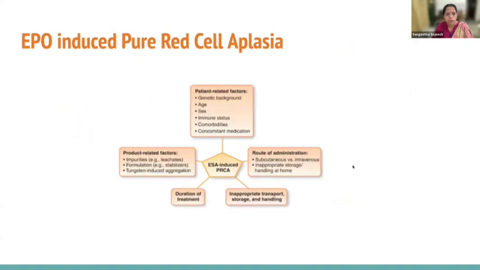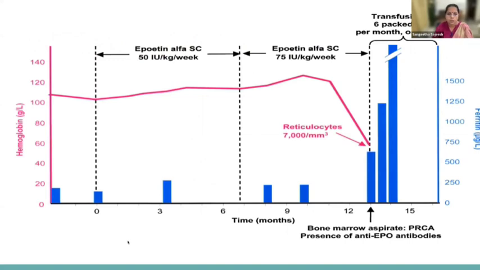So this is a situation of EPO-induced pure red cell aplasia leading to persistent anemia. This chart is interesting because you can see the hemoglobin level given on the y-axis and the time in months on the x-axis. You can see the follow-up of 1.5 years.